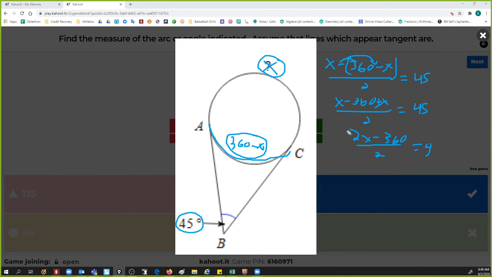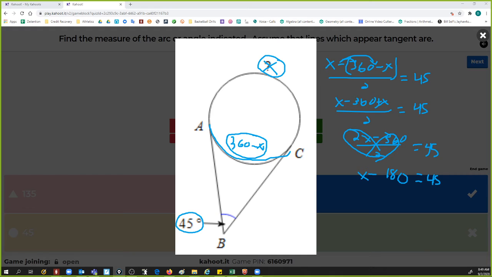Watch, look. Both of these can be divided by 2. So we get x minus 180 is equal to, oh sorry, I meant to put 45 there, is equal to 45. So here comes the cheat sheet. Here's where you're going to want to pay attention.